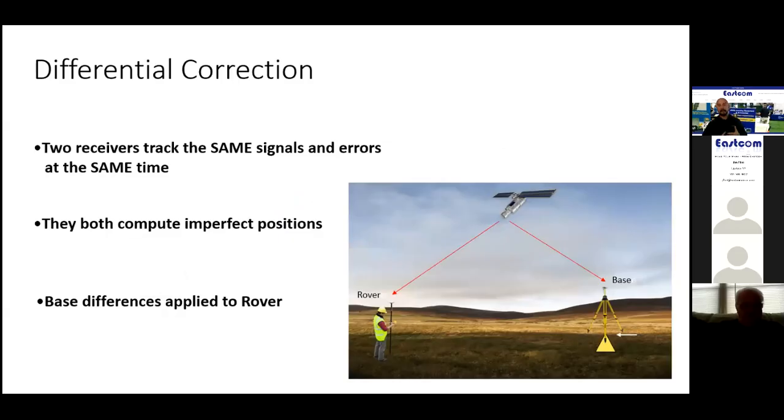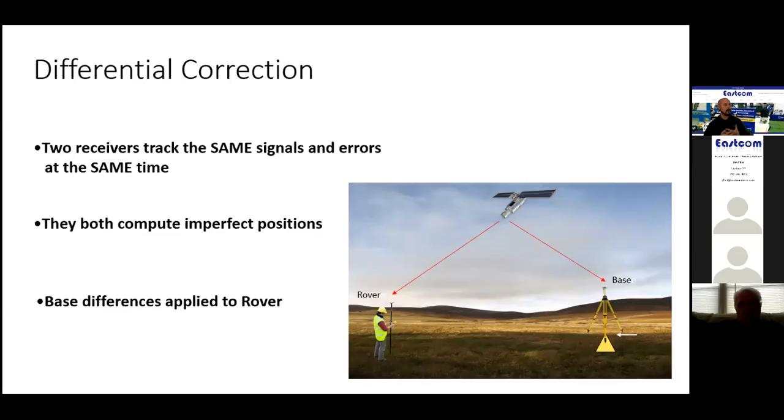There are base stations set up, and in most states, it is set up by the Department of Transportation. So they put up a base station on each of their buildings, and those base stations, they calculate the position, very, very accurate. They see the information coming from the satellite.